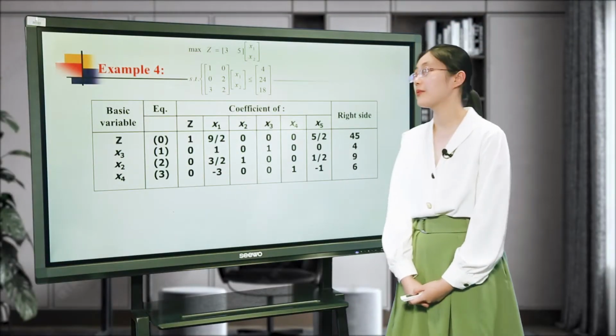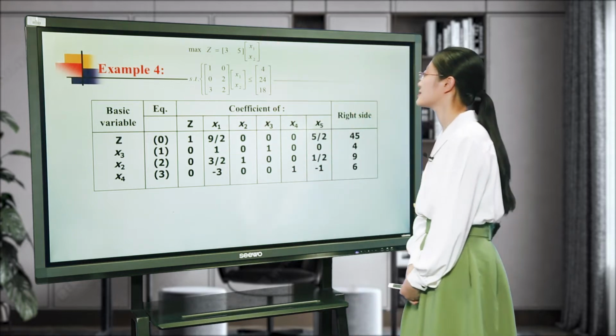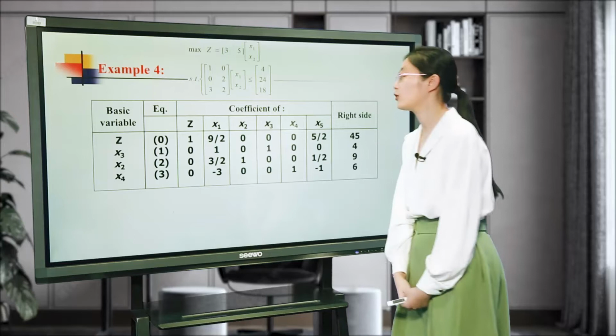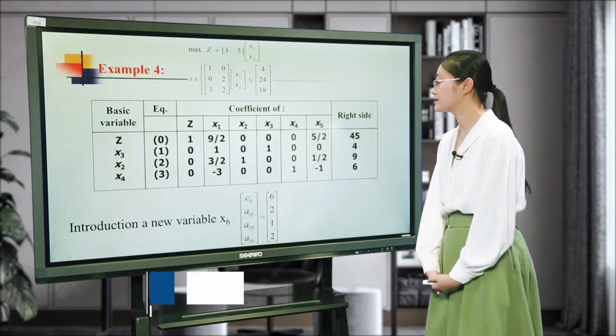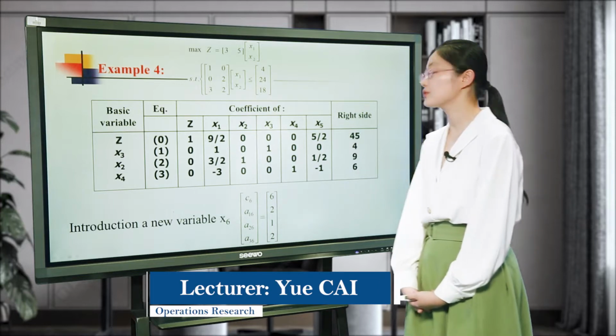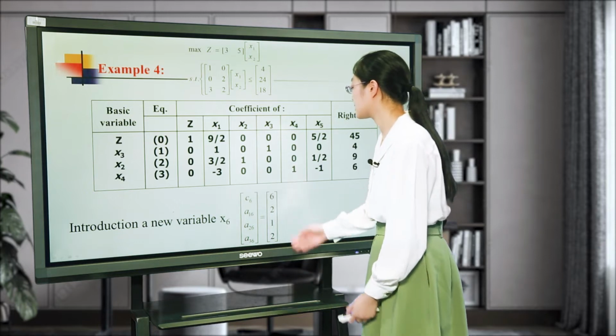Let's look at an example. If we have this problem of maximizing Z in the matrix form, we can obtain its final simplex tableau. Now consider that we want to introduce a new variable x6 with its coefficients listed as here.